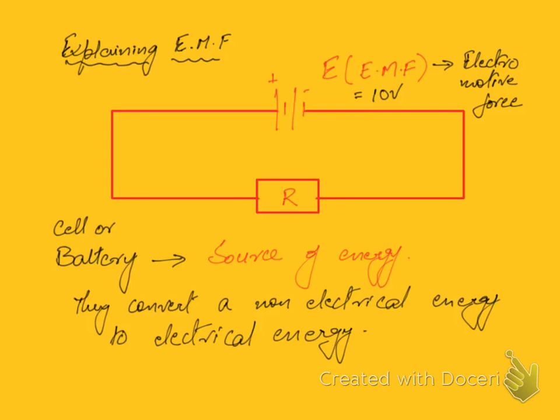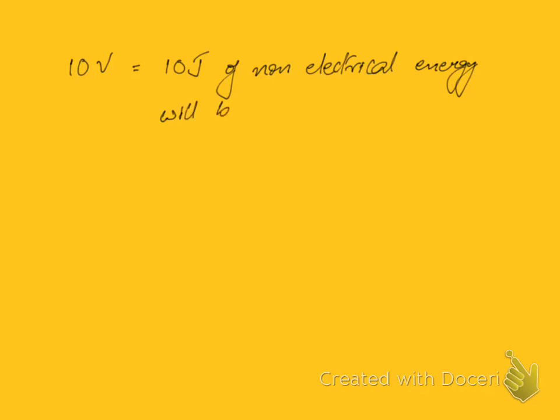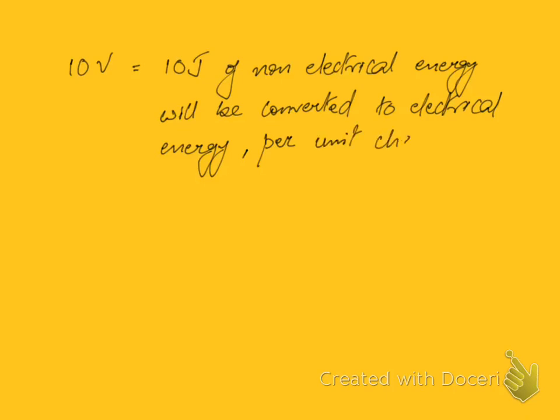See, in this case, you have a 10-volt battery, which means 10 joules of non-electrical energy will be converted to electrical energy per unit charge.